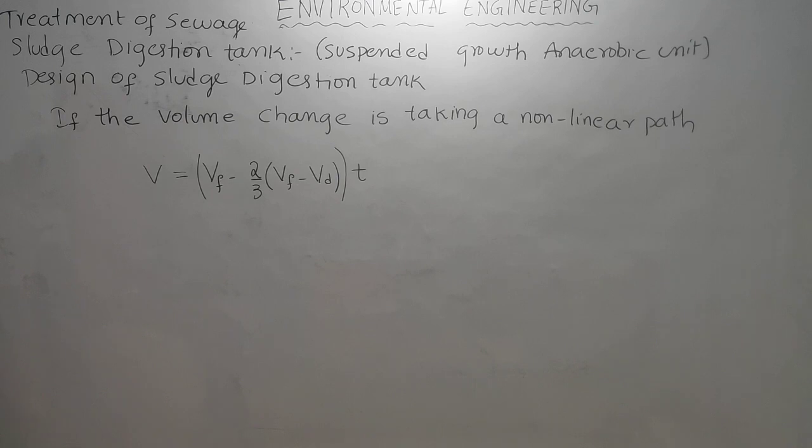And again here, sometimes we also have to consider flood water, like storm water. During the flooding seasons, it is not possible to withdraw the digested sludge because the sludge drying bed will be flooded. So the storage needs to be kept inside the digestion tank during the monsoon period.